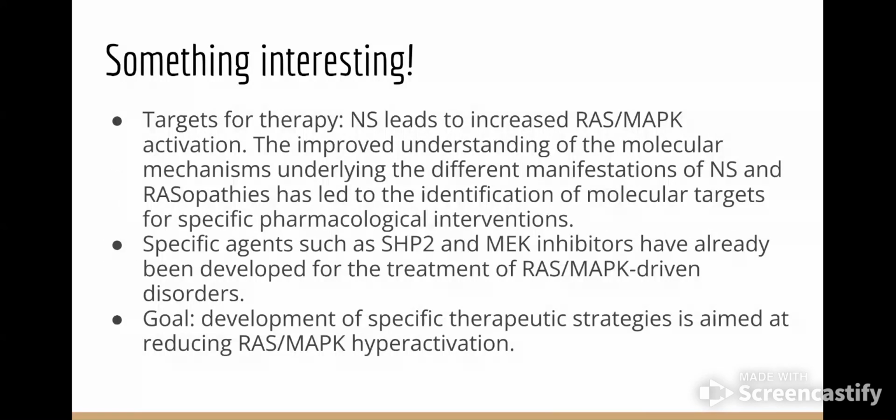So, involving targets for therapy, Noonan syndrome leads to very much increased activity and activation of the RAS MAPK pathway. The improved understanding of the molecular mechanisms that underlie the different manifestations of Noonan syndrome and the RASopathies, I think that's how you say it, has led to the identification of various molecular targets for specific pharmacological interventions.